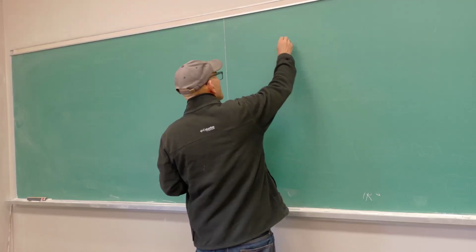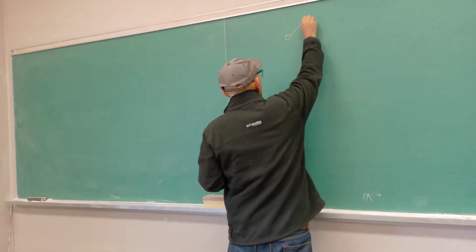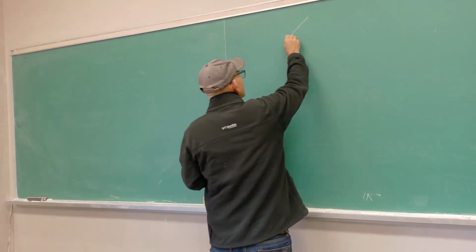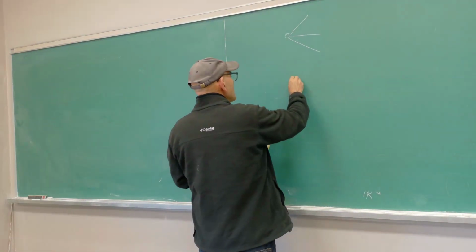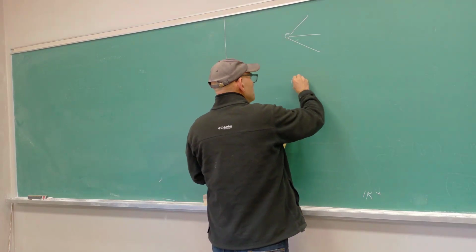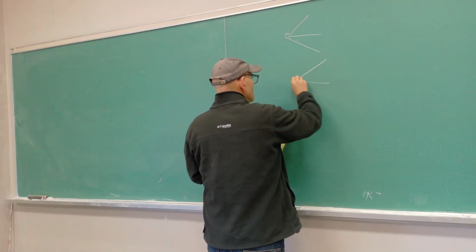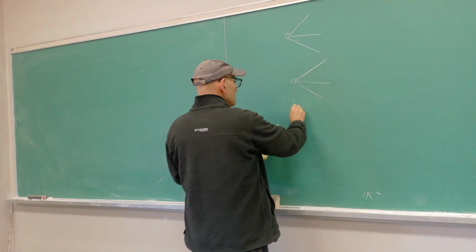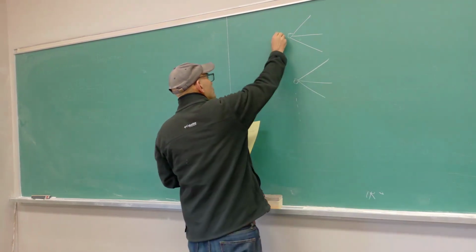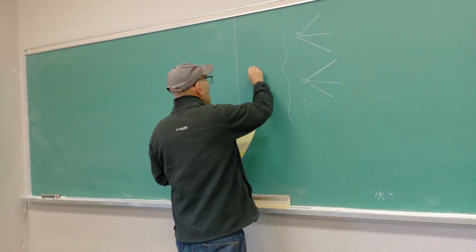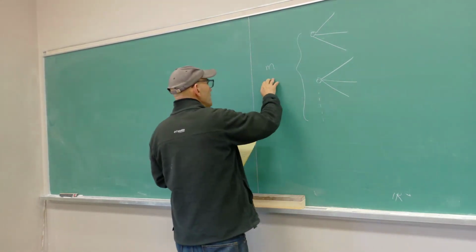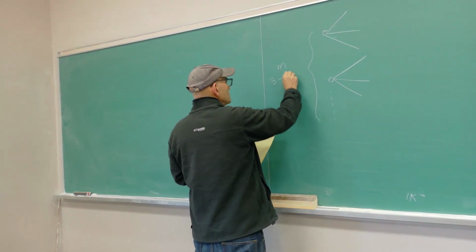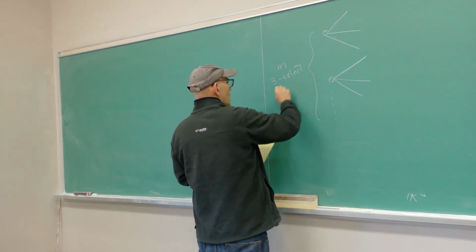We create some flowers like this. These are like trivalent flowers, and then here we put m of them, which was from the previous page, m trivalent flowers.